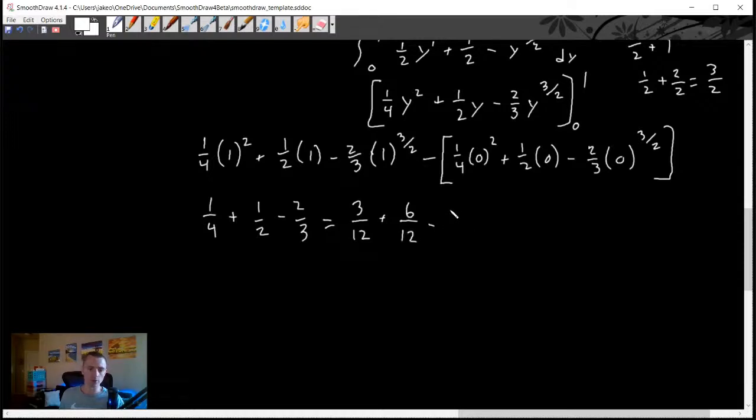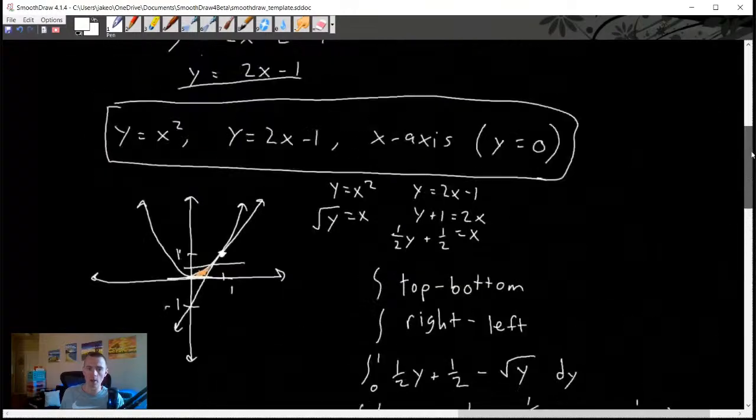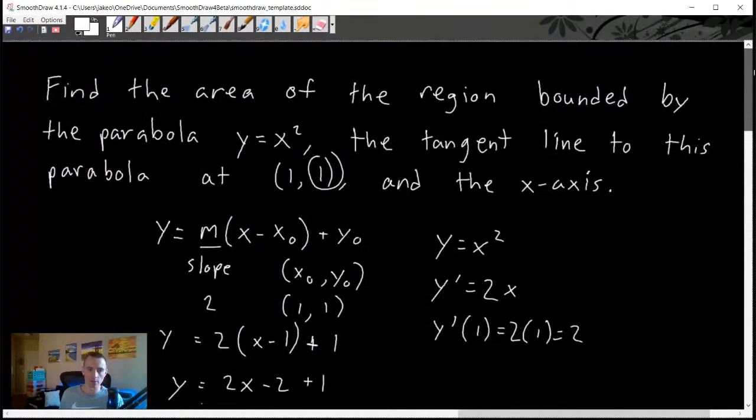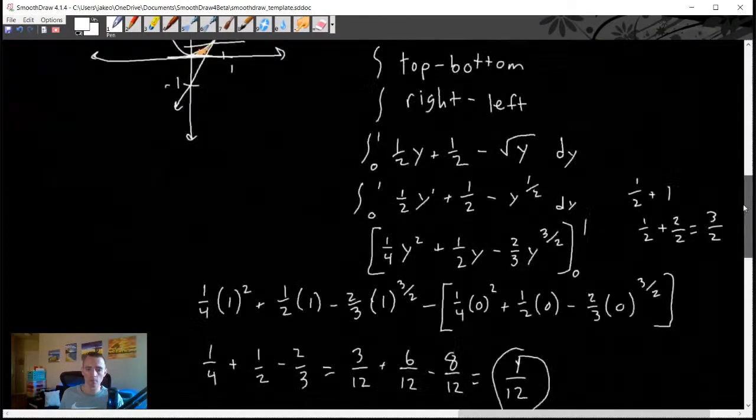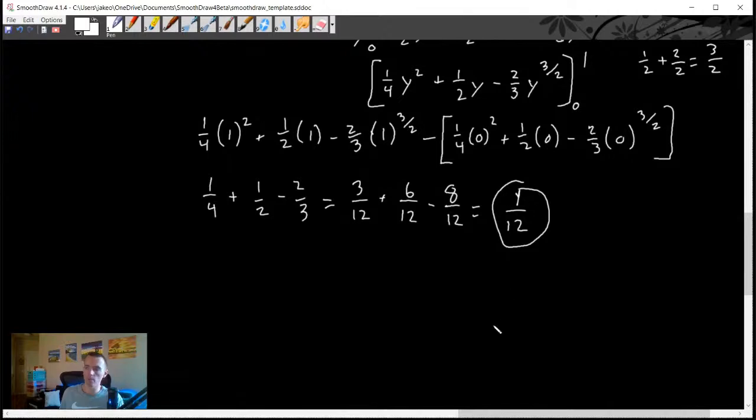And minus 2/3 is the same as minus 8/12. So we have 3 plus 6 is 9, minus 8 is 1. So 1/12. And that's going to be the area between these curves based on the tangent line that we had to find at the very beginning. So just 1/12 is going to be your final answer.